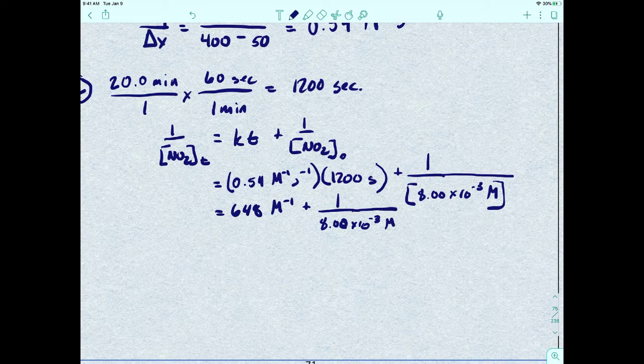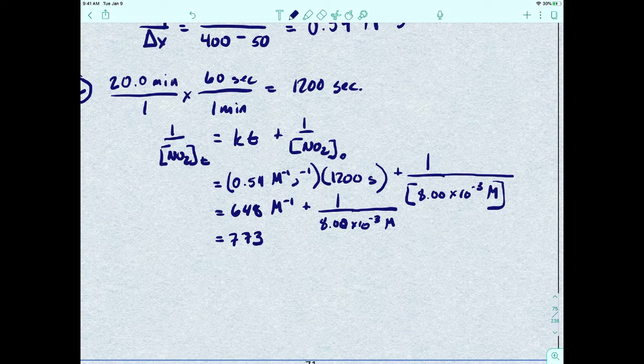So I'm going to add that. 648 molar to the minus first plus 1 over 8.00 times 10 to the minus third. And so that value that we get should be 773. Okay, now molar to the minus first, and we're good.